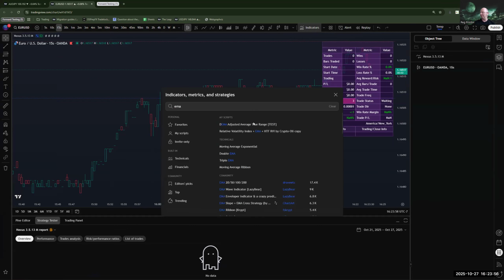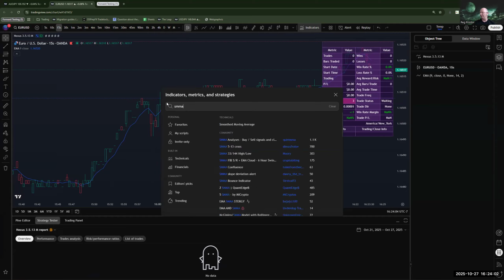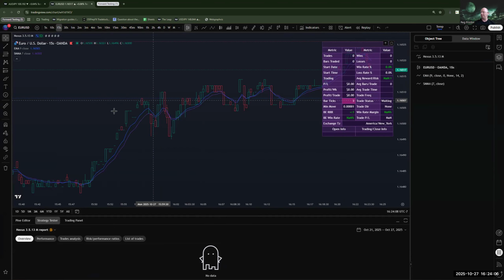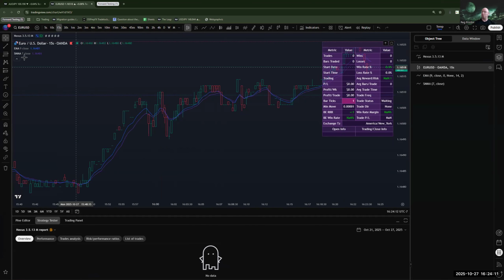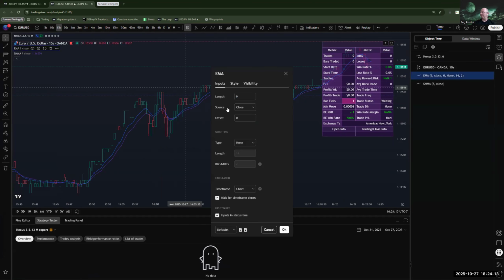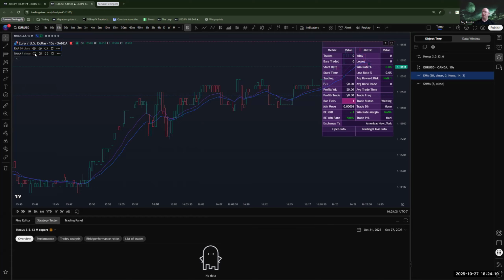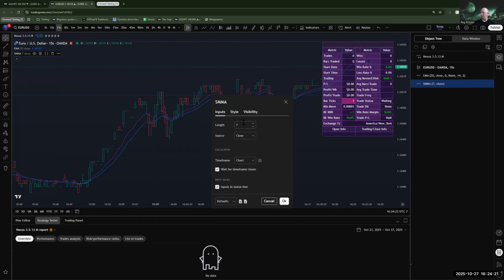We'll throw an EMA on there, and an SMA or an SMMA. So we've got a couple of moving averages, and we'll do the old moving average cross. I'll make these a little bit longer just for the fun of it. Let's make that maybe 20, same with the other one, so they're not so fast.